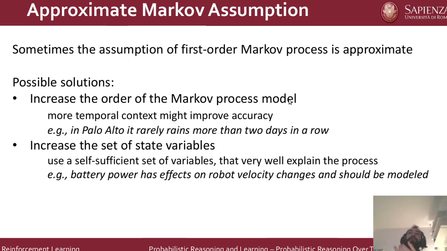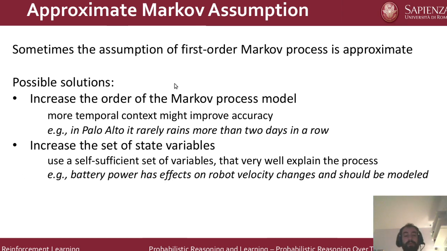Of course, what you can try to do in this case is increase the order of the Markov process, so you can consider more time steps. But another solution to this problem is increasing the number of state variables so that they become self-sufficient, so you can model the problem in such a way that it becomes first order Markov.